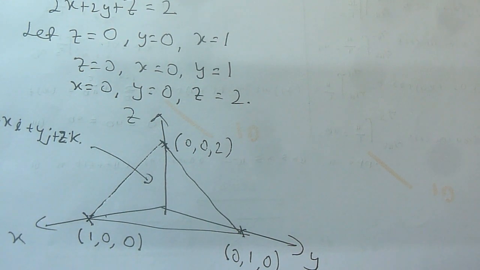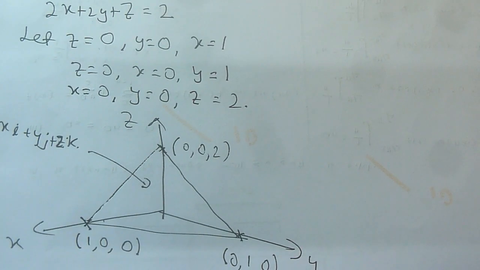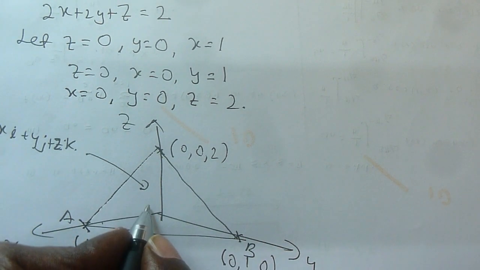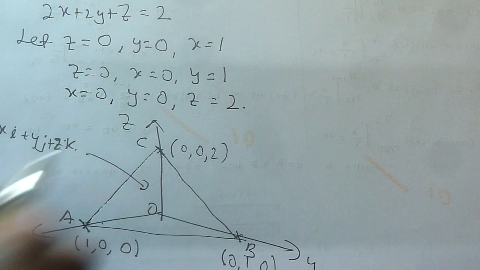The question might be different. You must read the question carefully. Do they want to solve the whole surface? Here we have how many surfaces? 4: A, B, O, C.